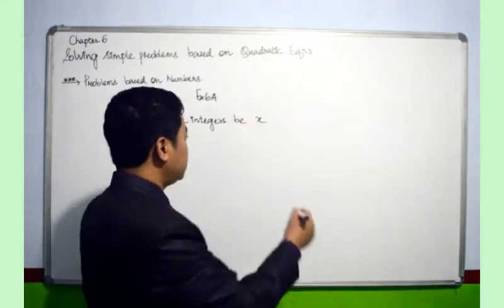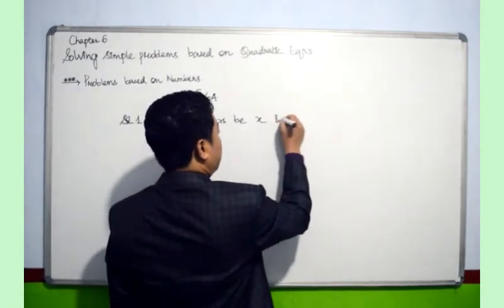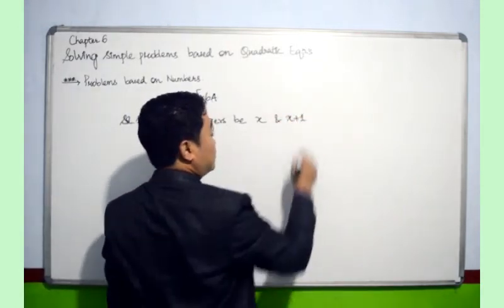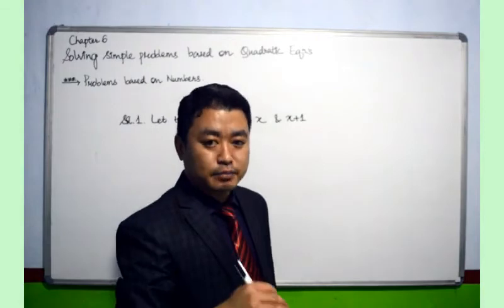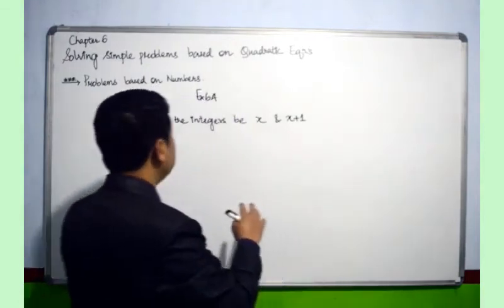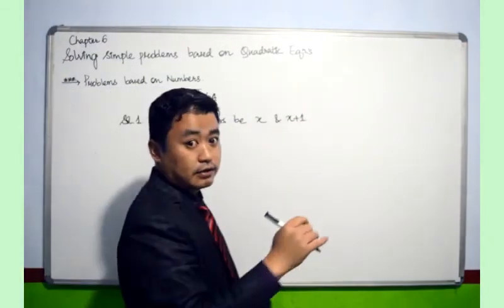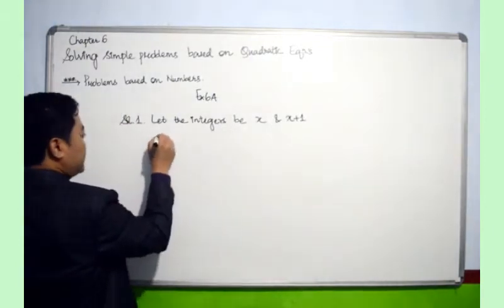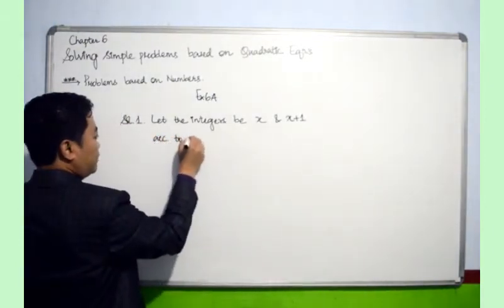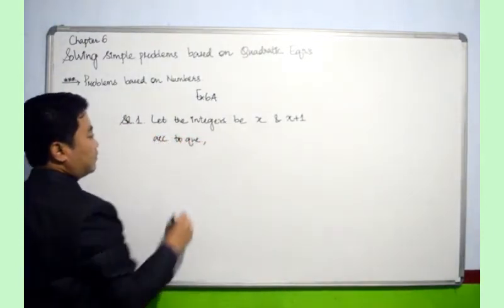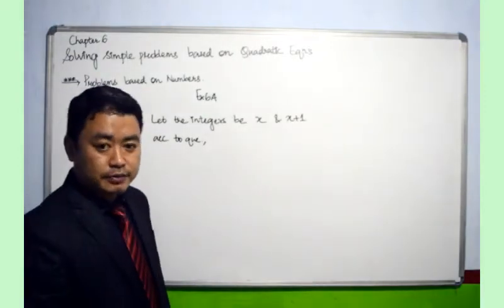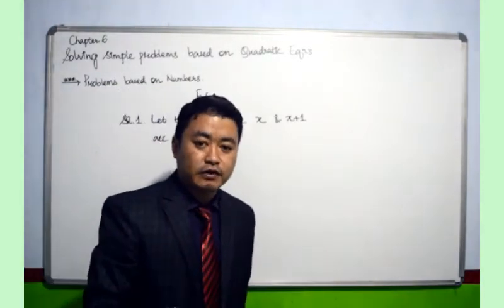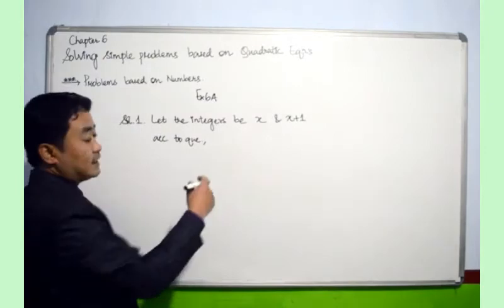It can be x plus 1, or it can be x minus 1 as well, isn't it? So I have assumed them as x and x plus 1. This is how you will be writing for word problems. First of all, assume what you need to figure out. Then, according to the question, this is how you will be writing.